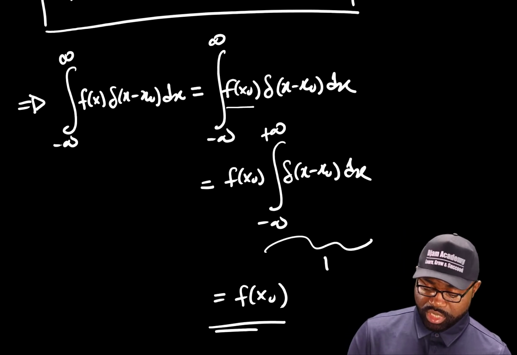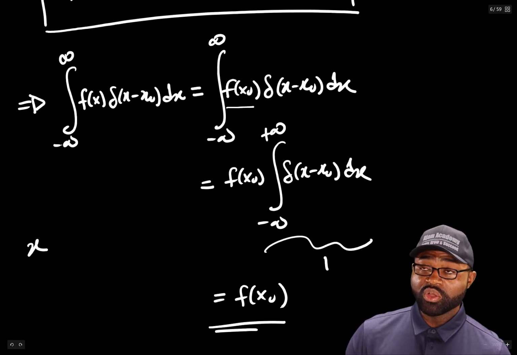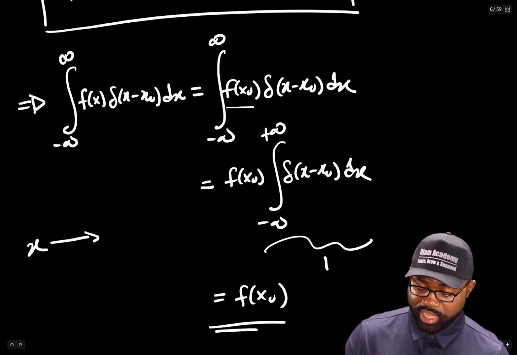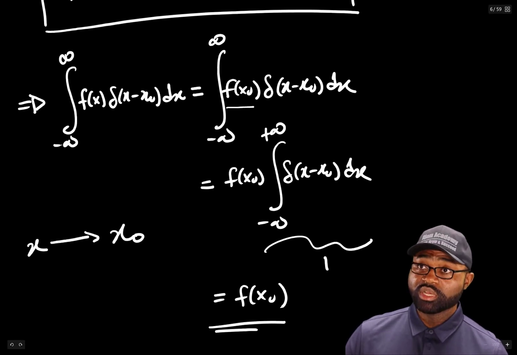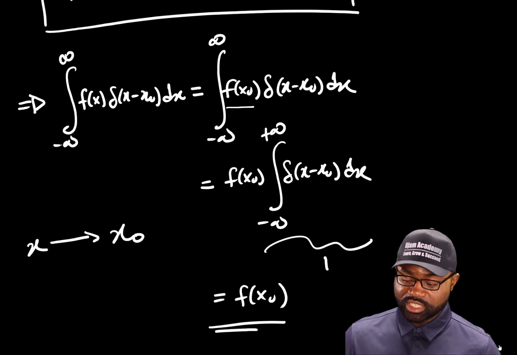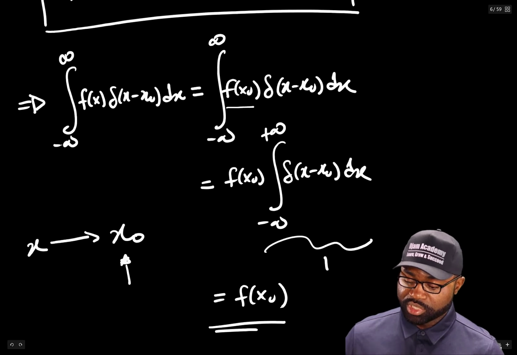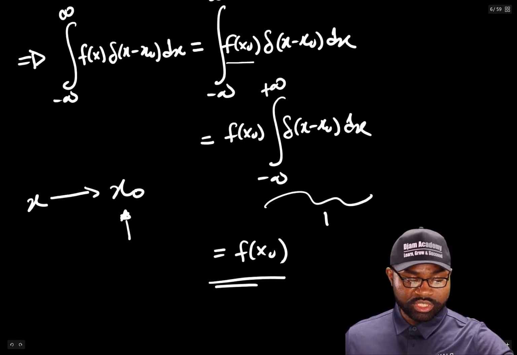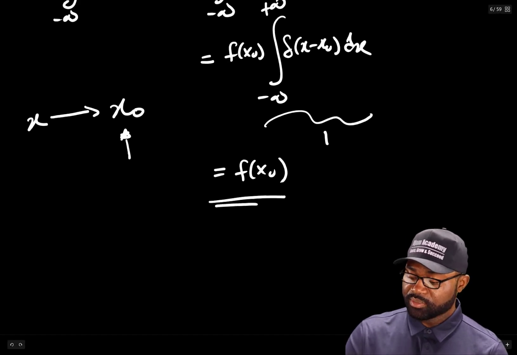In other words, if we shift our point impulse function from the point x to x0, then we will be able to pick up the value of that signal at this particular point. This is crucial in sampling.